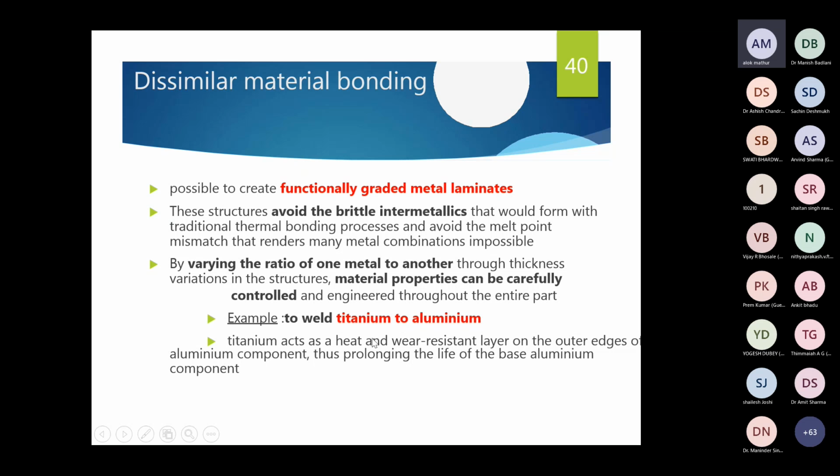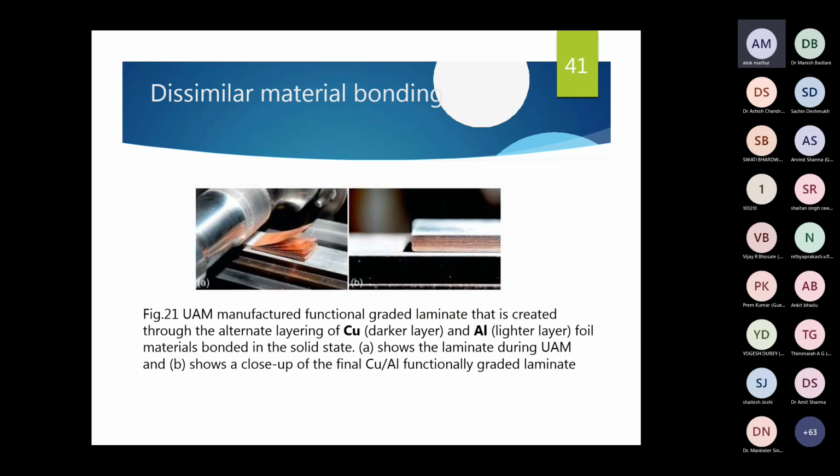So this is how we can use dissimilar metal bonding. Ultrasonic additive manufacturing has manufactured a functionally graded laminate that is created through alternate layering of Cu. So these are the figures you can see.